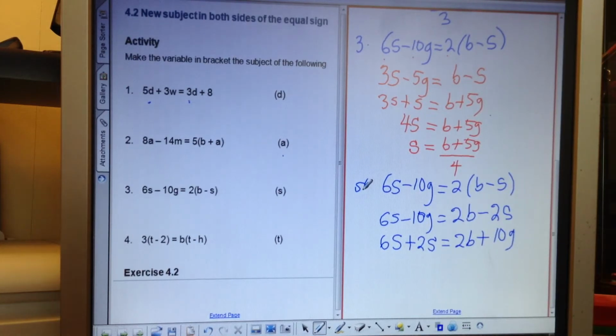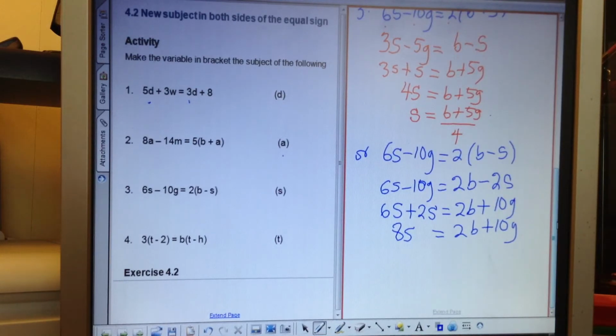That means that we're going to get 8S on the left hand side equals 2B add 10G. Hence S will be equal to 2B add 10G over 8, which we can then divide by 2 this time to get our B add 5G over 4, which is the same answer as that, but it's a bit longer.